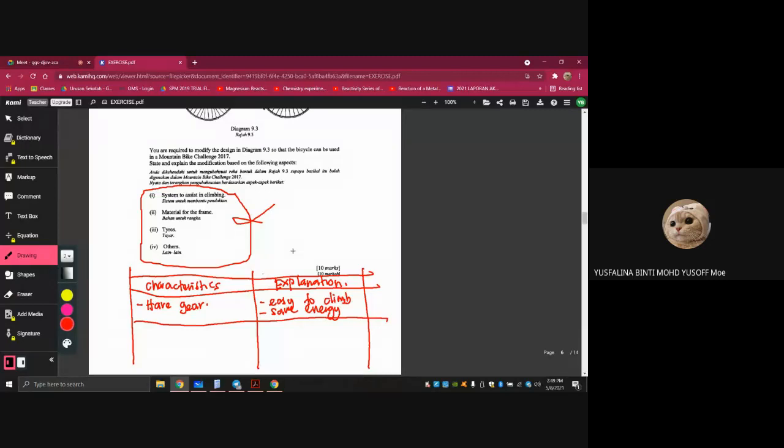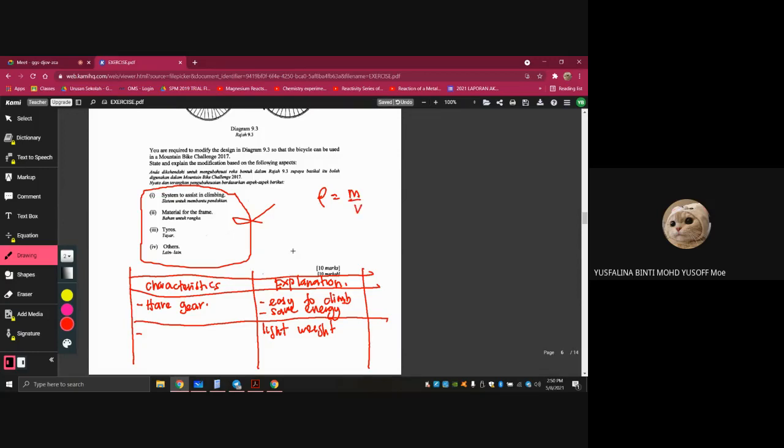So we can say lightweight and strong. That one you can divide into two characteristics. Lightweight is the explanation. For the characteristic, you refer back to the formula of density, mass divided by volume.